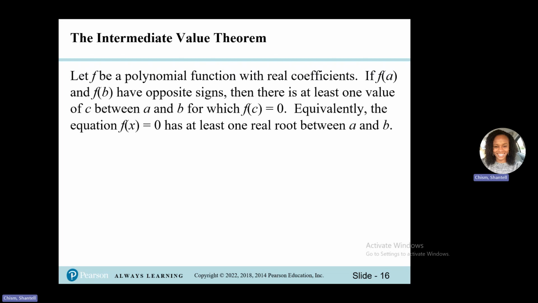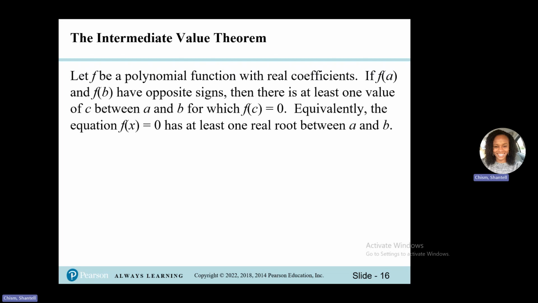So there's at least one value, let's call it c, for which the function is equal to 0. In other words, there is at least one x-intercept, one solution between those values, where the equation, when you set it equal to 0, would have an actual x-intercept, a crossing of the graph.